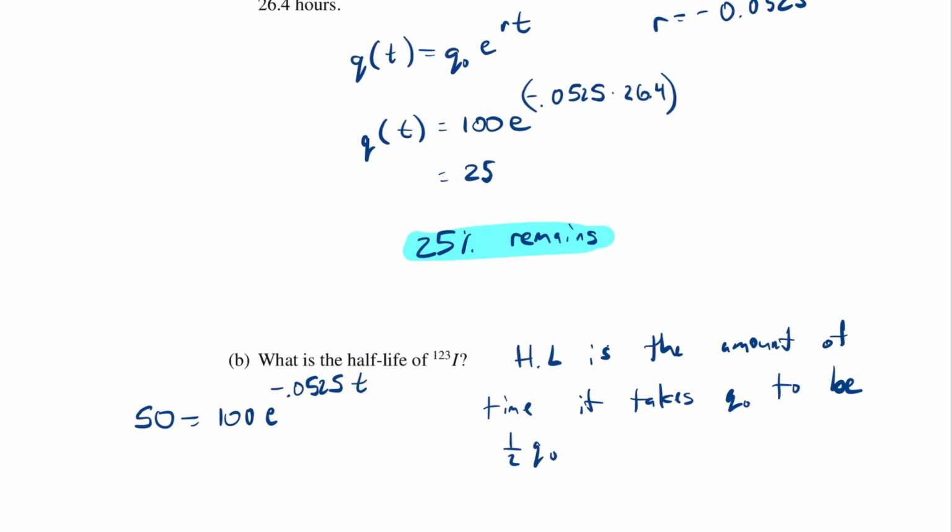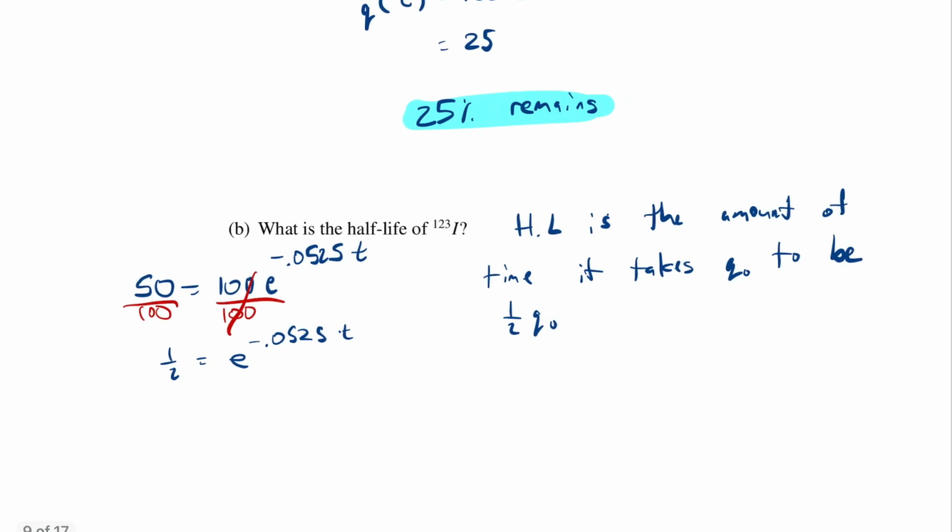In order to do that, we divide both sides of the equation by 100, and we end up with 1/2 equals e to the negative 0.0525 times t. And then in order to get rid of the e and to bring down the exponent, you have to take the natural log of both sides. The exponent you can move to the front.